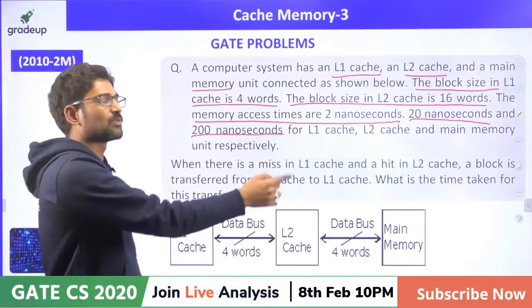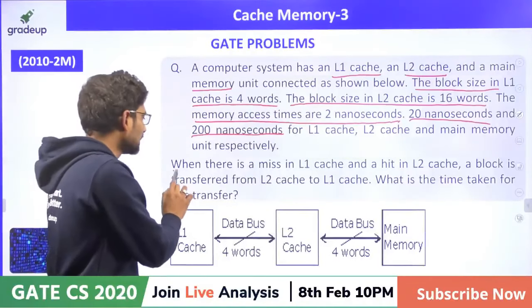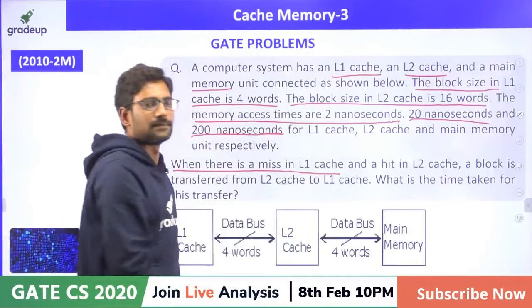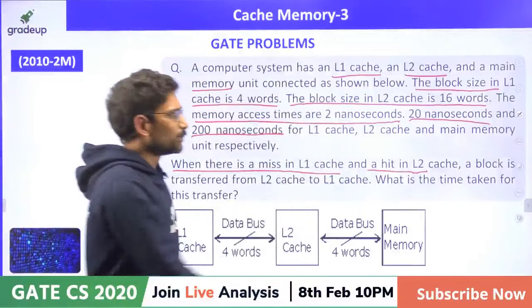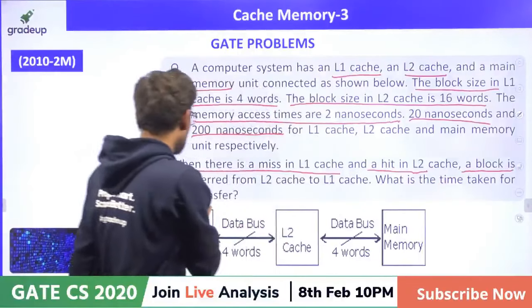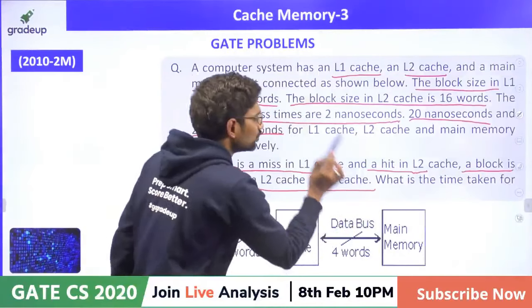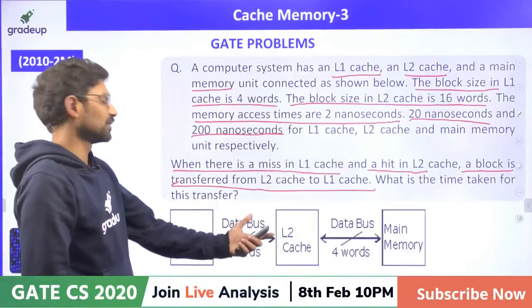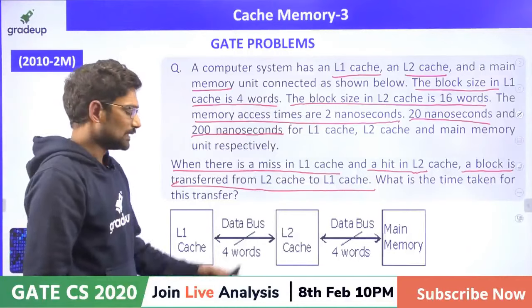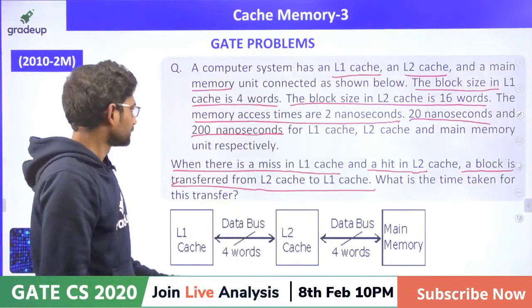Then what is the first question we have? When there is a miss in L1 and a hit in L2, a block is transferred from L2 to L1. What is the time taken for this transfer? Right? Let's see what it is.